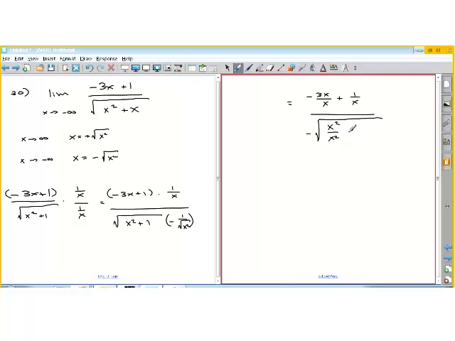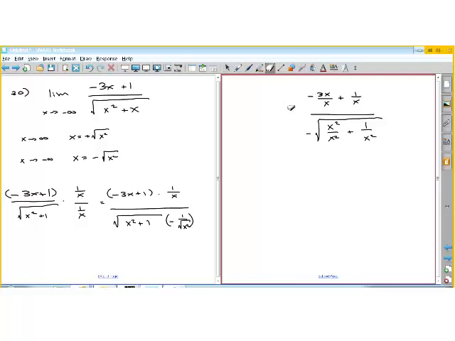So we divide each one of these terms by x squared. So x squared becomes x squared divided by x squared, because we have the square root of x squared plus 1 over the square root of x squared. They're both square roots, so you can put them in the same square root. Okay, so that's what we're going to do.